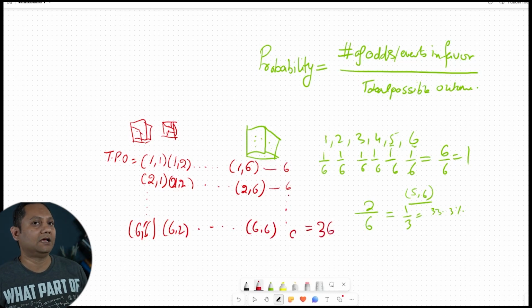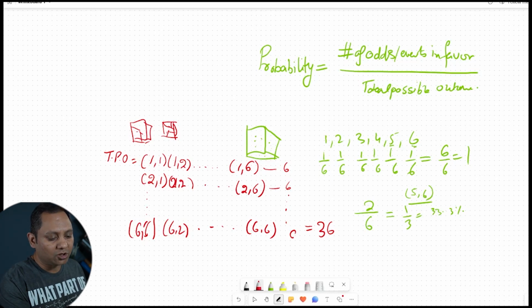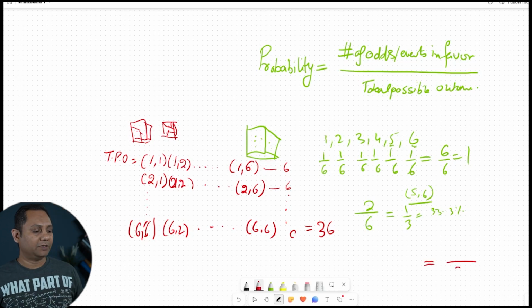So if I roll 2 dice, I can get any combination of numbers from the 2 dice, and that total number of combinations is 36. So my all possible outcome is 36. Now the question would be, what's the probability of me getting a number of 12?